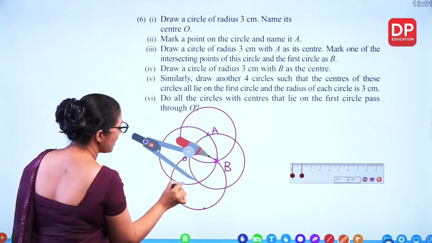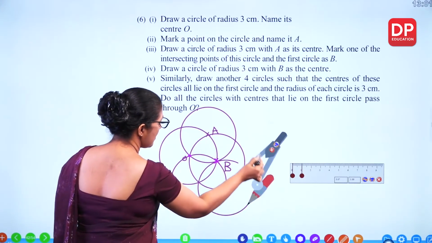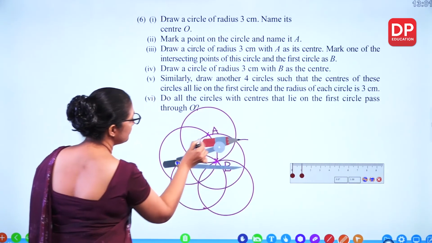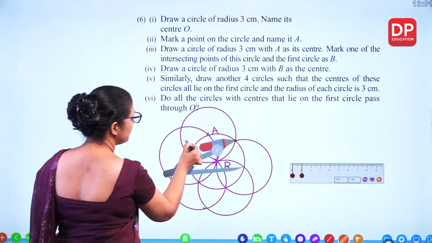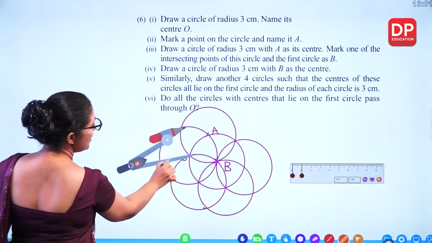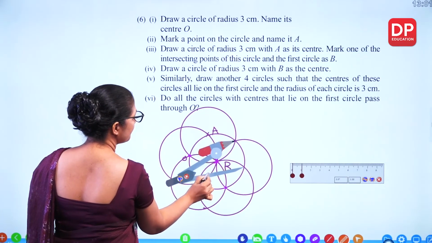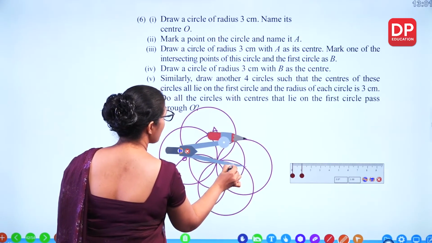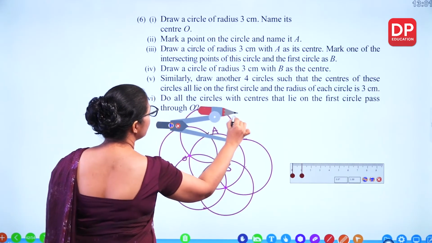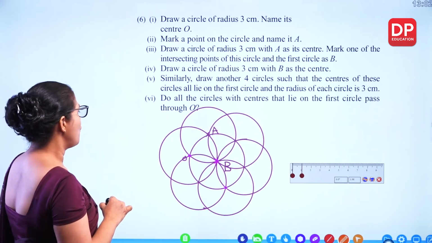So you can keep on top of the intersecting points and draw the other circles. So we drew 4 circles.